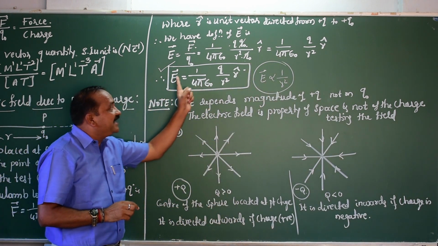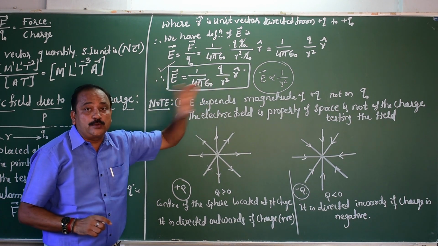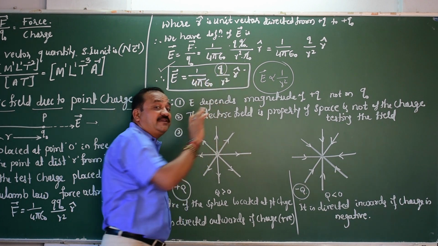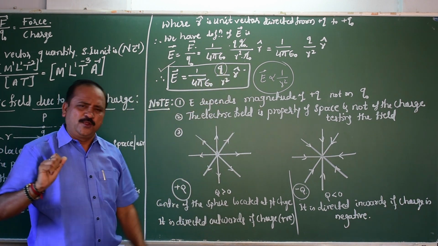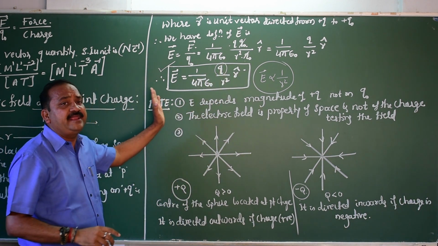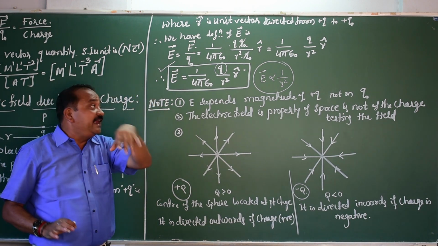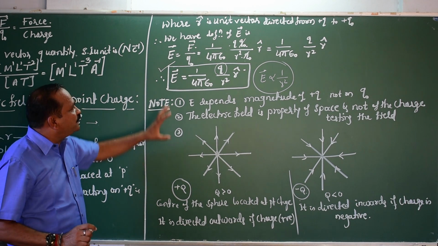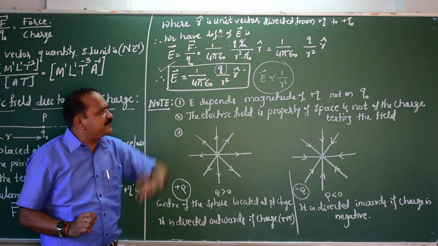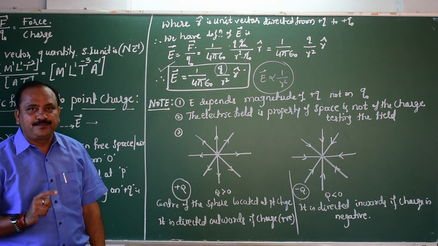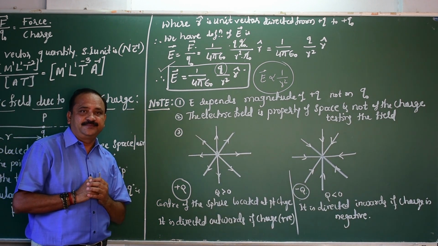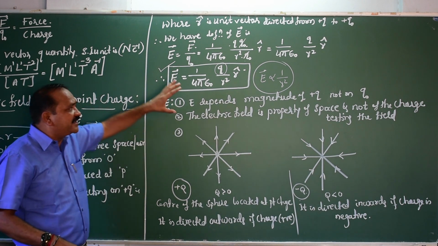E depends on the magnitude of the charge Q, not on the test charge. Whatever the test charge, E does not depend on it. So the electric field is a property of space and not of the charge testing the field. That is also one of the important concepts.